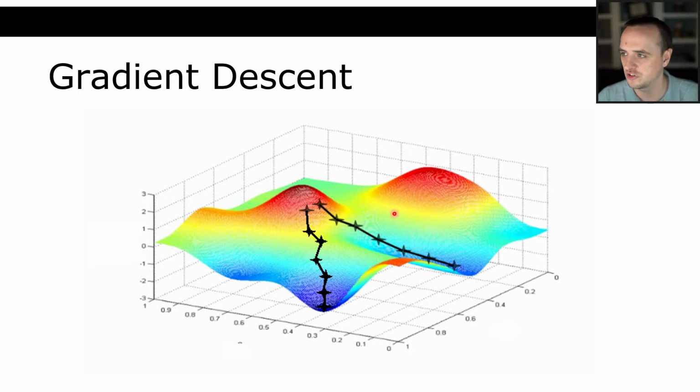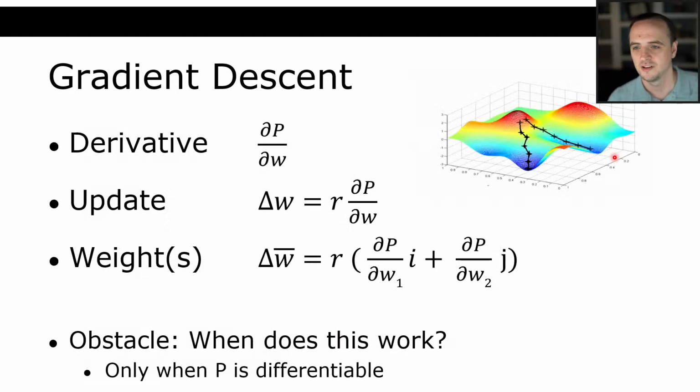This is just a visualization of that sort of thing, where these are our x's, our inputs, and the output here is the error function. So we go from places of higher error typically down to places of lower error. And in order to do this gradient descent, something really important is that we need to be able to take some partial derivatives.